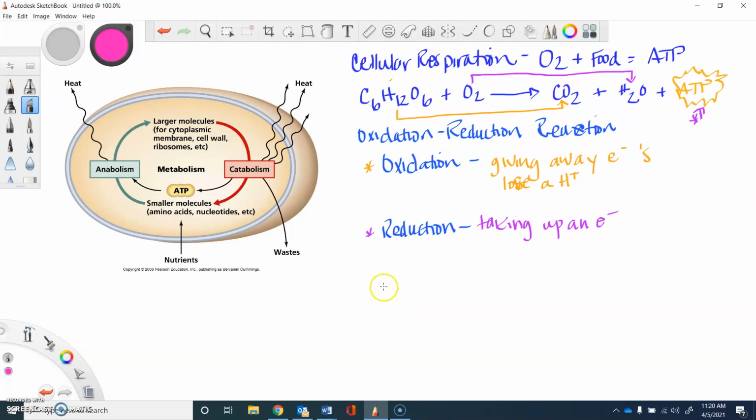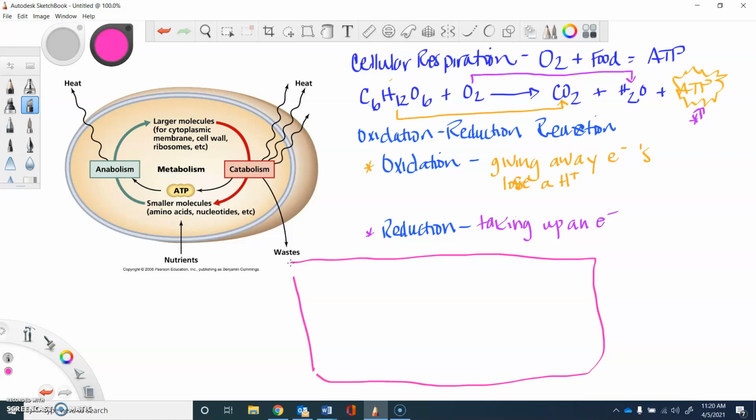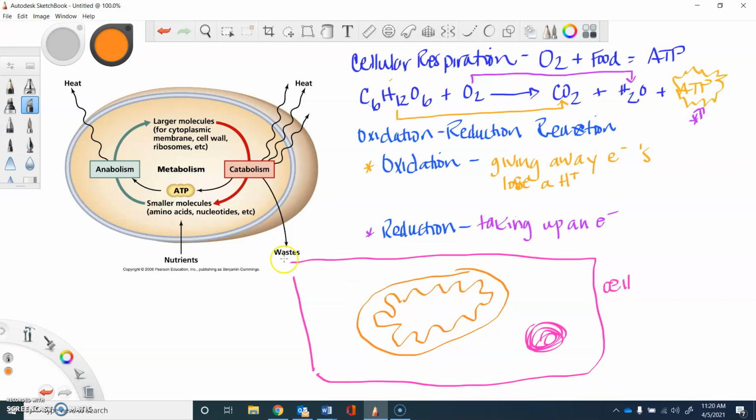So we're in a cell. So we're talking about in the cells. So this is a cell. So here's my cell. And in the cell, we've got a little nucleus or whatever. And of course, in the cell, we're going to have a structure. It's just not that large, but we're going to have structures that look like this. This is a mitochondria.